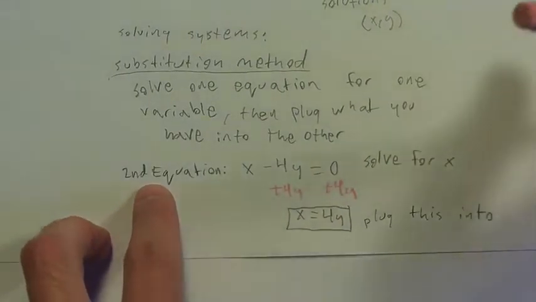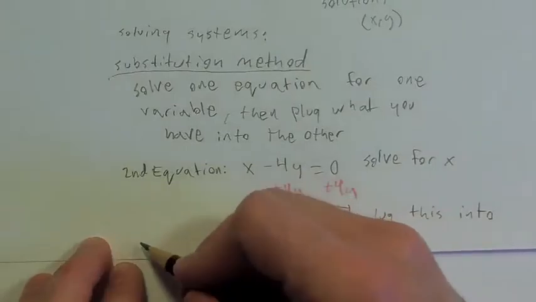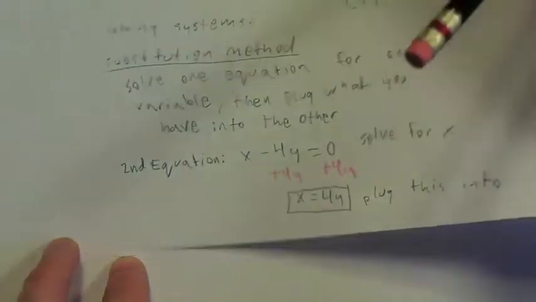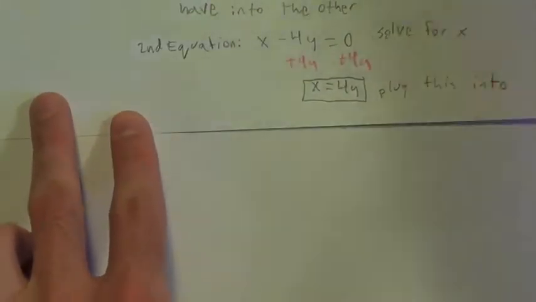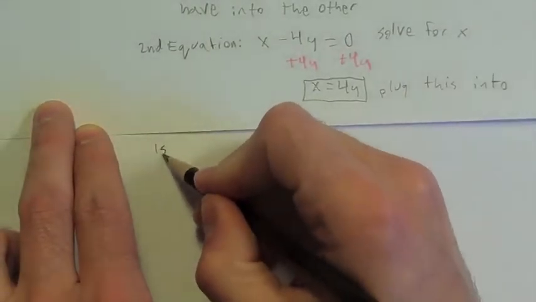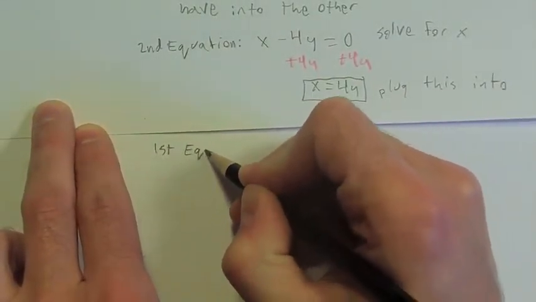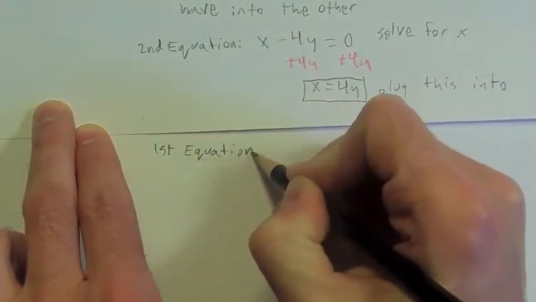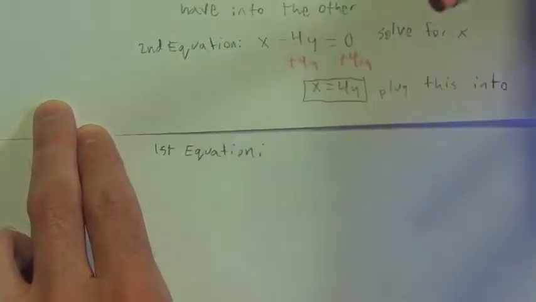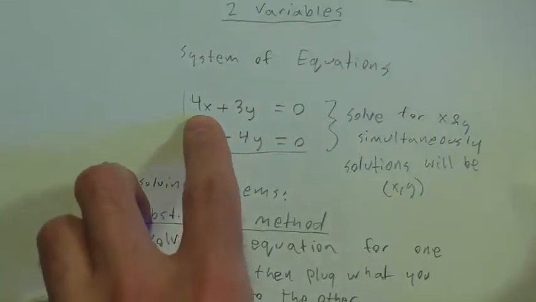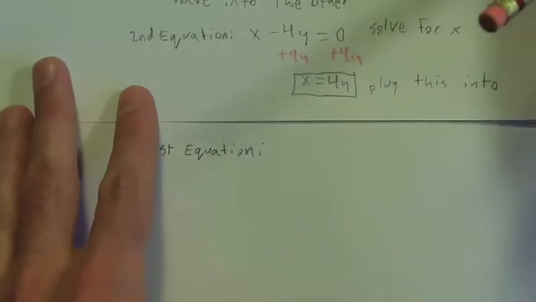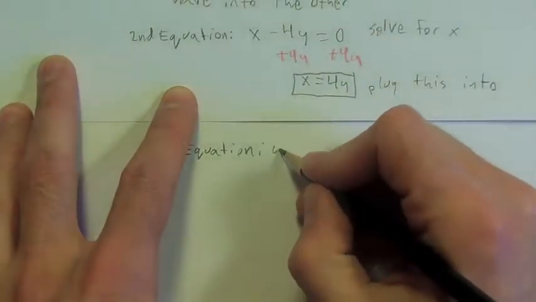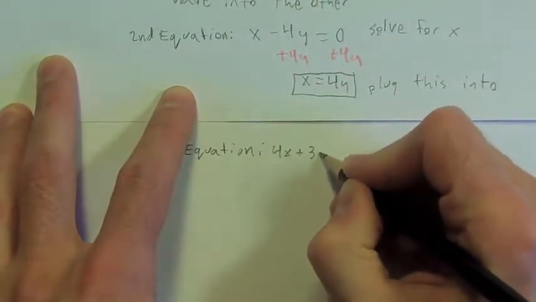So we start with the second equation. Now we're going to go back to the first equation. So let me write out the first equation. And if you don't remember, we'll go back up to look at it. It's this 4x plus 3y equals 0. So 4x plus 3y equals 0.